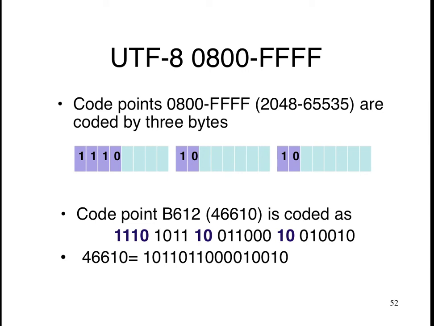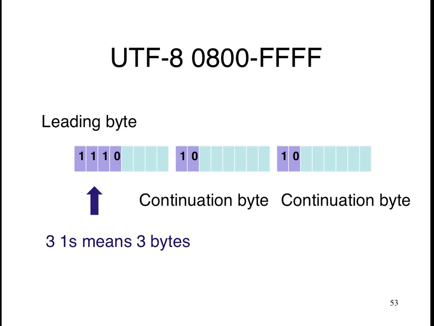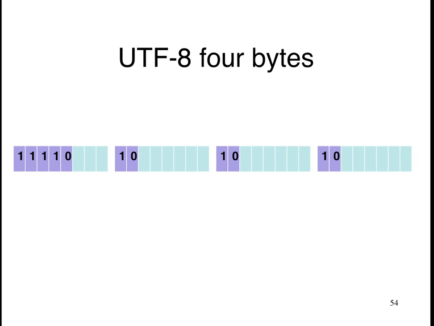This can be extended then to 4 bytes. The 3 ones here tells us that there's 3 bytes in total. Okay, so the 3 ones followed by the 0 in the leading byte tells us that there's going to be 3. We can extend that to 4. And so here we've got 1, 2, 3, 4 ones and a 0 at the start of the leading byte.